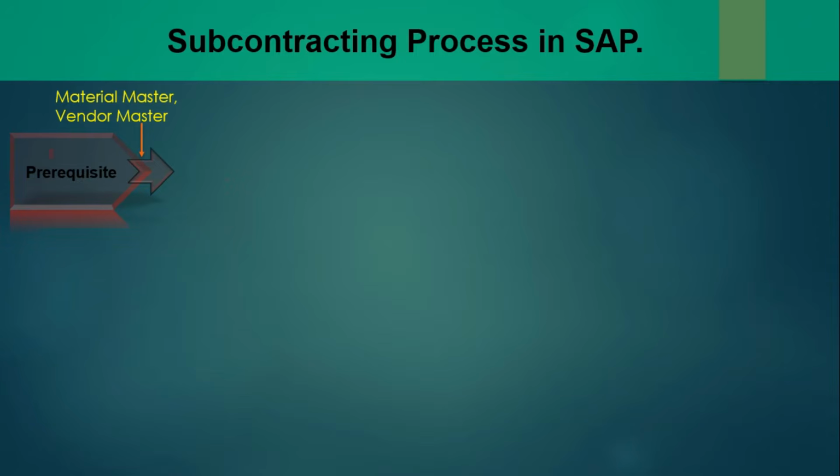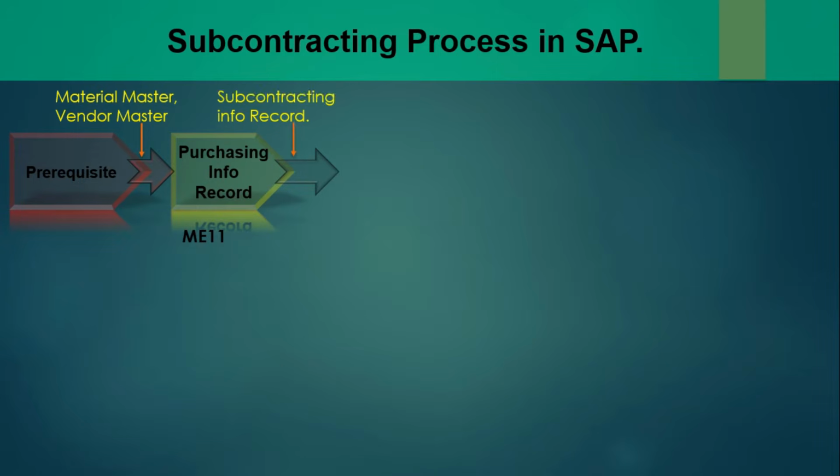In this case, material master includes the raw material as well as our finished or semi-finished product that we have to maintain in our system, and also the vendor master, which will be maybe another third party company or a particular vendor. Then we maintain a purchasing info record for that particular vendor and material. Here note that the material should be the finished product, not the raw material.